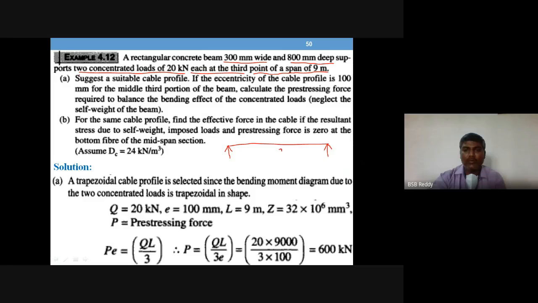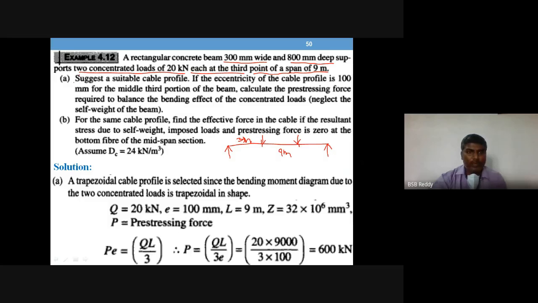The total span is 9 meters. Make this into three equal parts. That is the location of the loads. Each part is 3 meters.